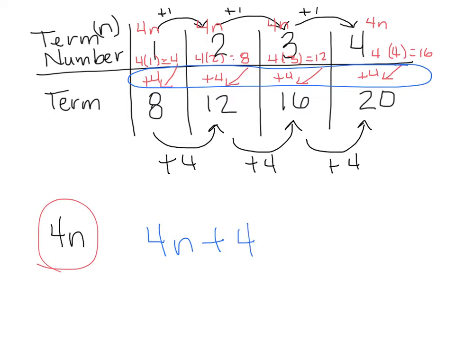Now, if I ask you to find the next 3 terms, according to what we have here, we know that adding 4 we should get 24, 28, and 32.